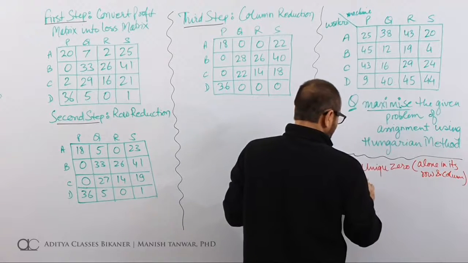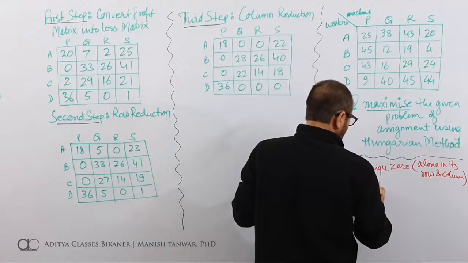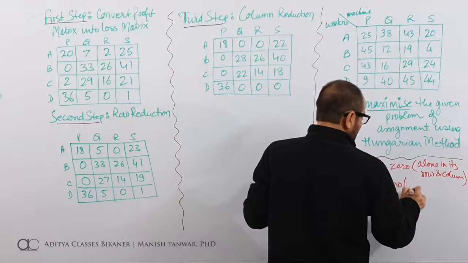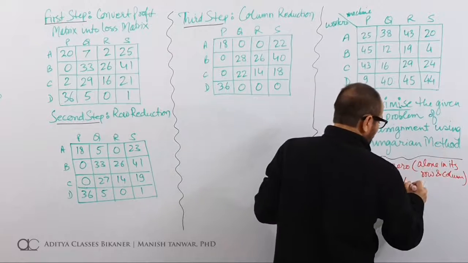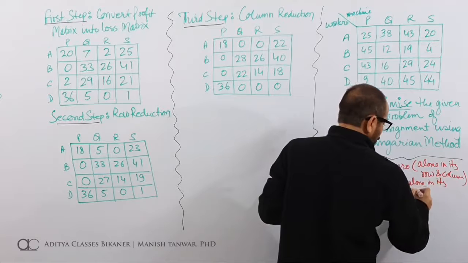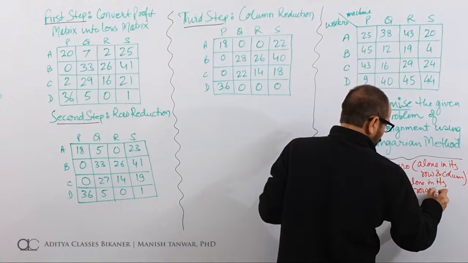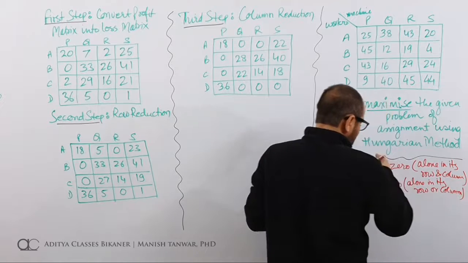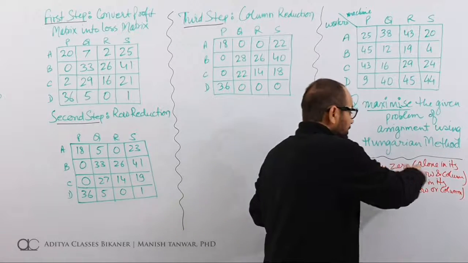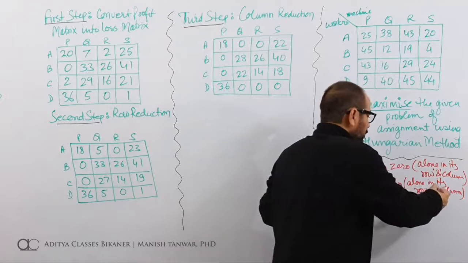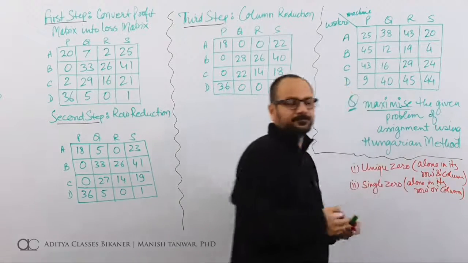If you do not find any unique zeros, second priority should be single 0. What do we mean by single 0? Single 0 either in row or column, alone in its row or column. Difference between unique and single is this is alone in its row and column. This is alone in its row or column.